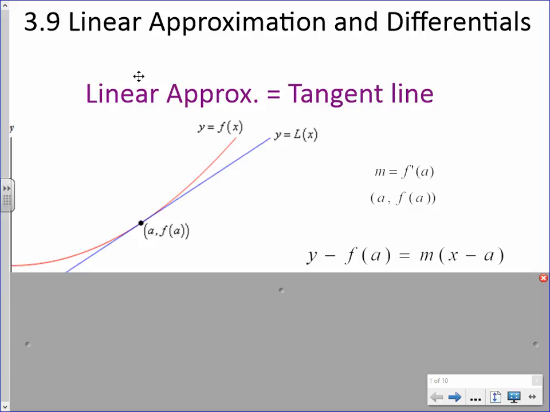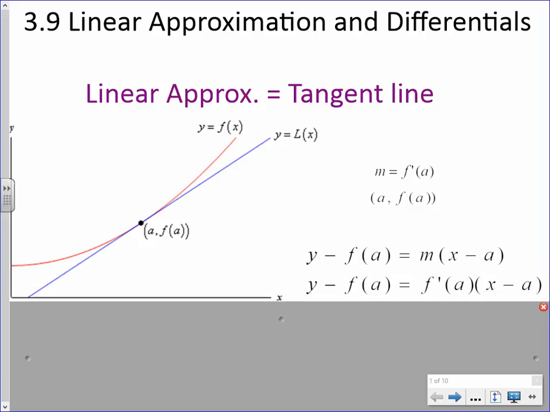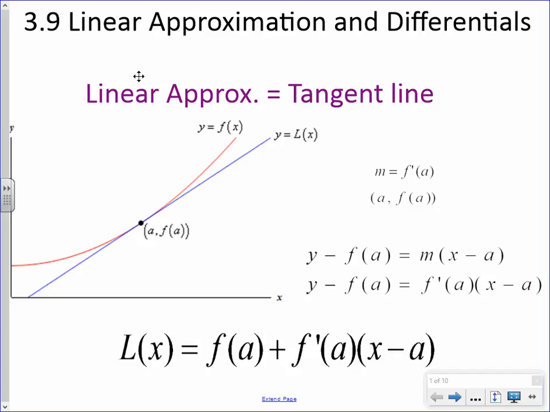Since we're using calculus to write it, we know our slope is the derivative at that value. So if we're going to use this to approximate a y value, we can just rewrite it to where this gets added to the other side, and that's all that this is right here.